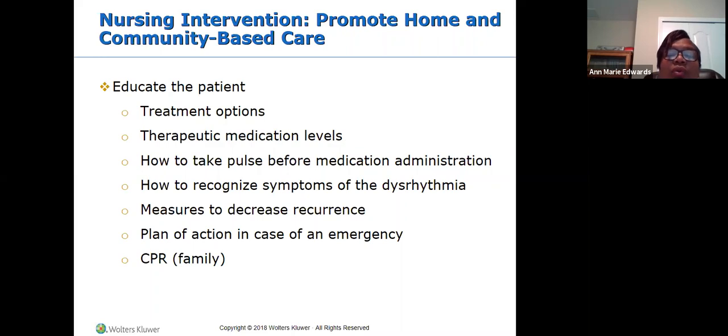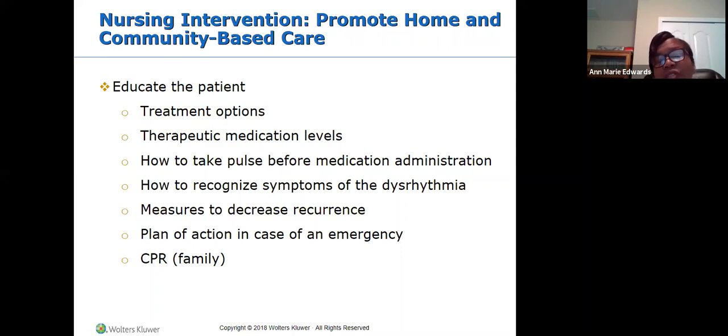We educate our patients too, telling them about treatment options, therapeutic medication levels, how to take the pulse before medication, how to recognize symptoms of dysrhythmia, measures to decrease recurrence, and the plan of action in case of an emergency.